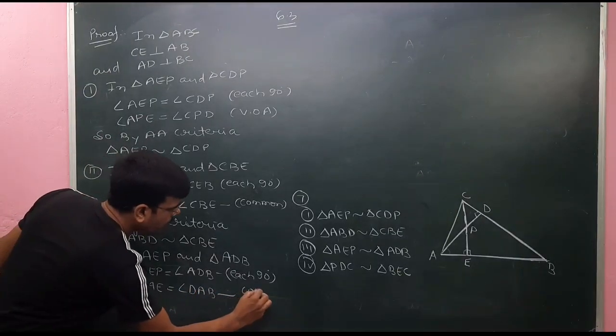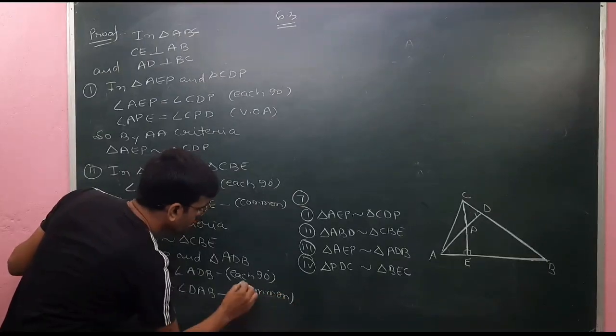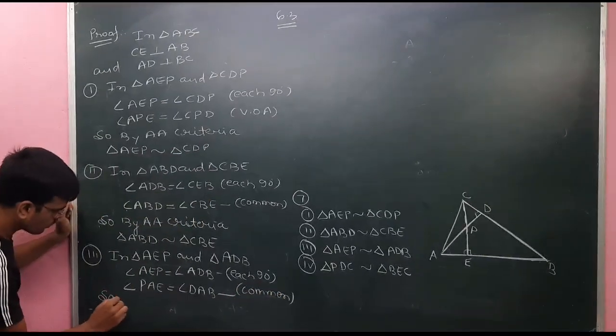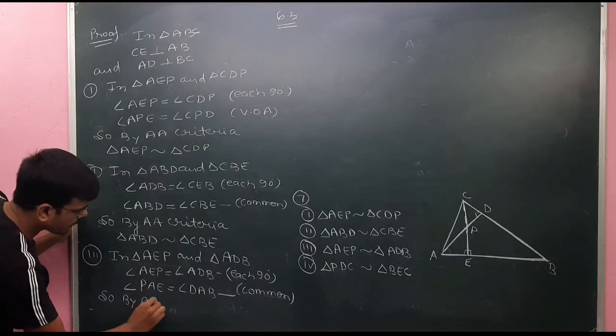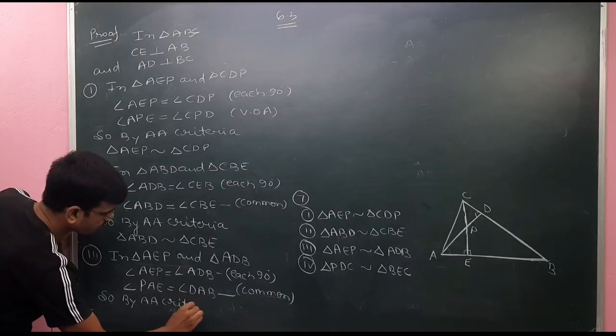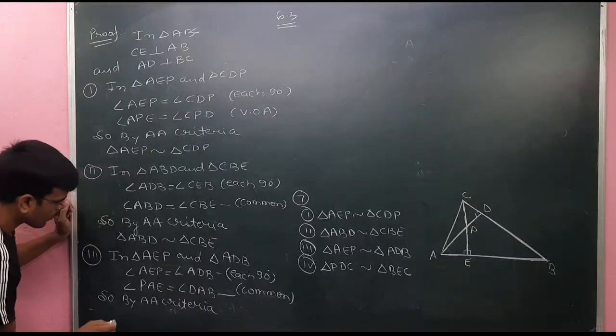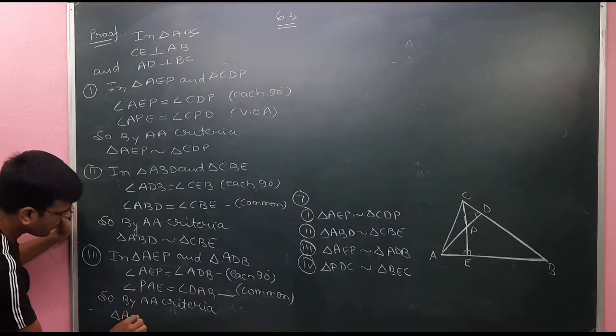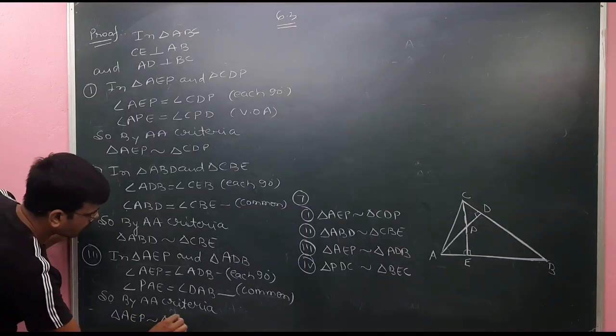This is the common angle for both triangles. So by the angle criteria, triangle AEP is similar to triangle ADB.